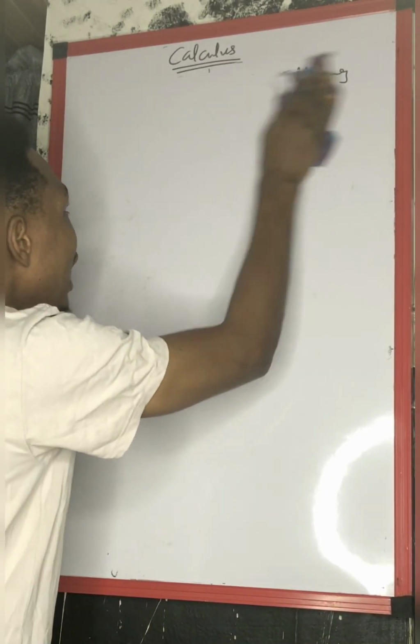Now that you know the basic process of the general rules, let's move down to the differential coefficient of a sum.